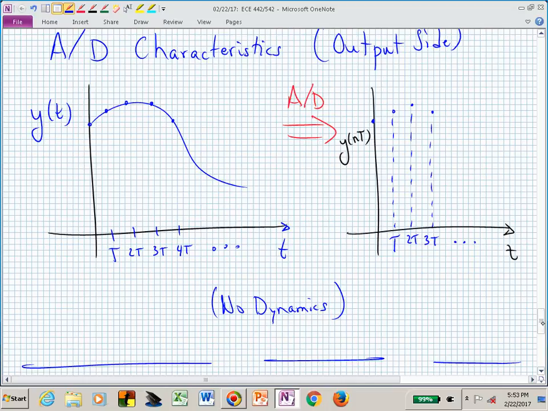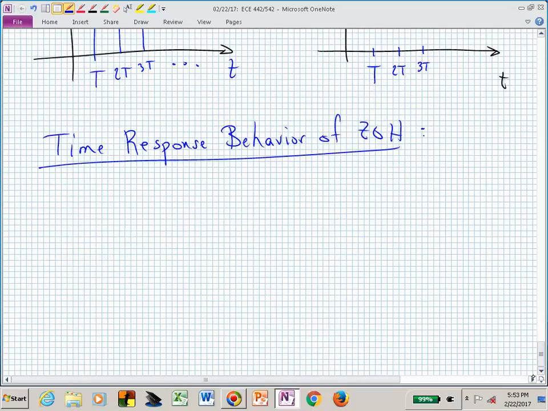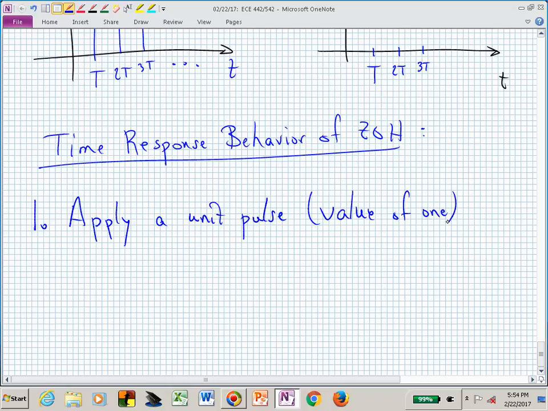Yeah, I caught that. All right, so the time response behavior is, first let's apply a unit pulse. And unit says the pulse is going to have a magnitude of 1. And that's what we're going to apply to our zero order hold. What's the output of a zero order hold if we apply a number 1 to it?